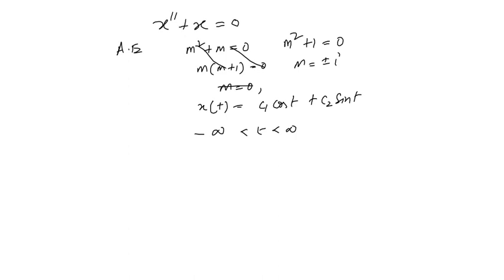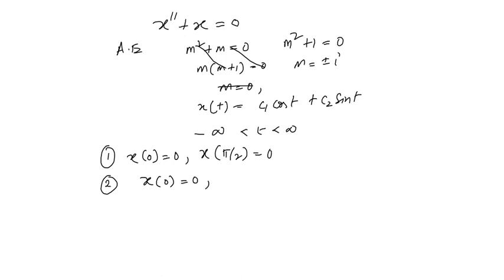Now let us assume that one of the following conditions is to be satisfied by a solution. Let me consider x of 0 is equal to 0 and x of pi by 2 is 0. Another one: x of 0 is equal to 0 and x of pi by 2 is equal to 1.